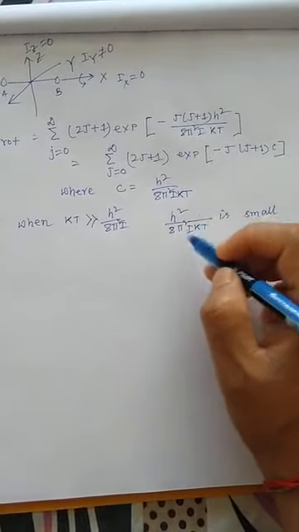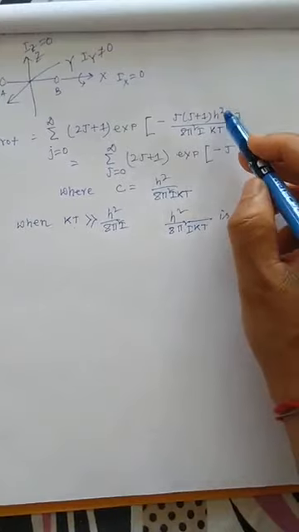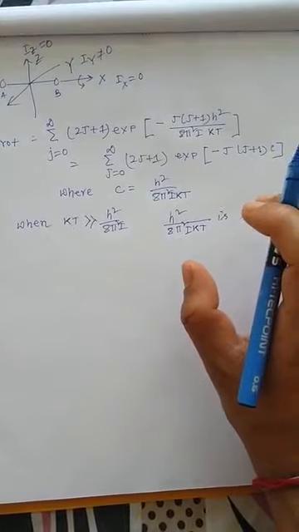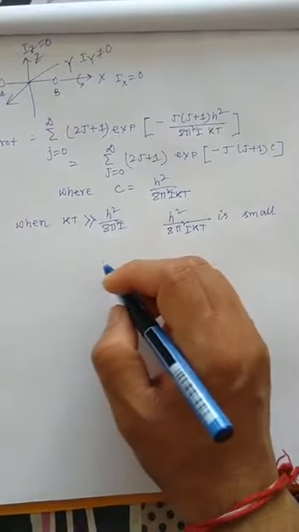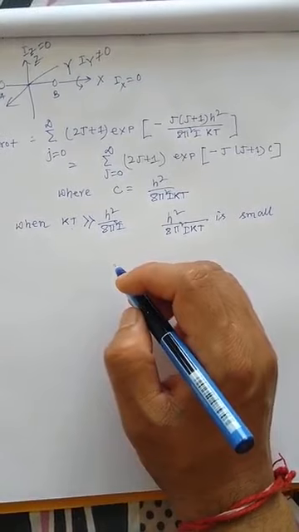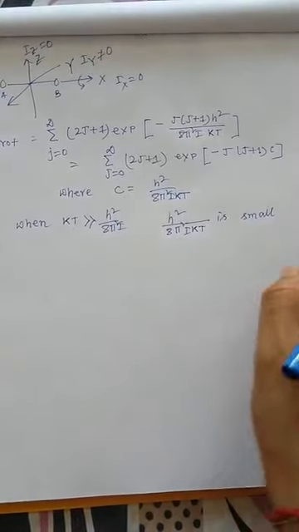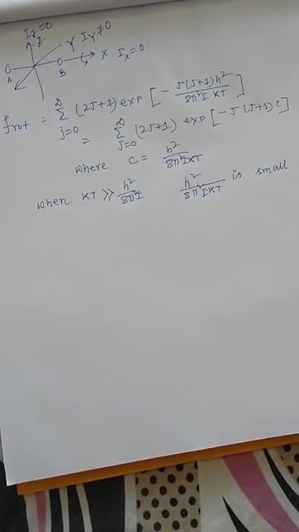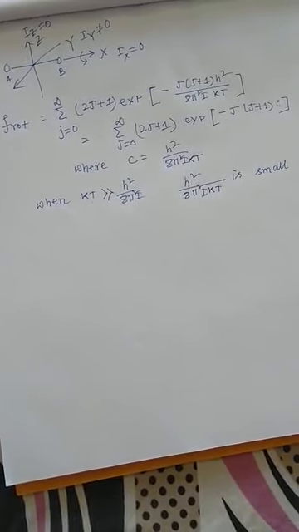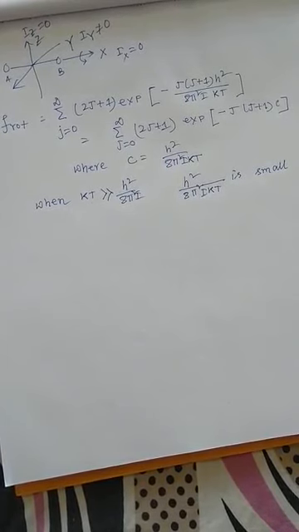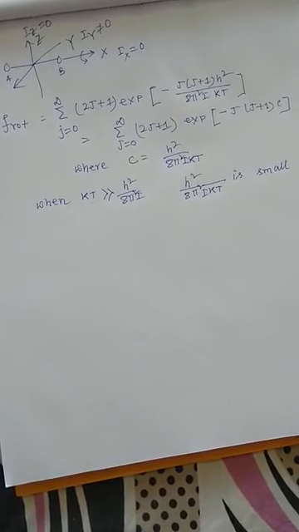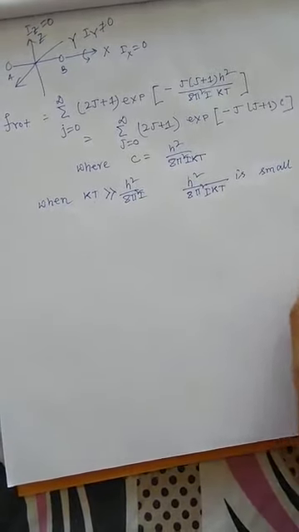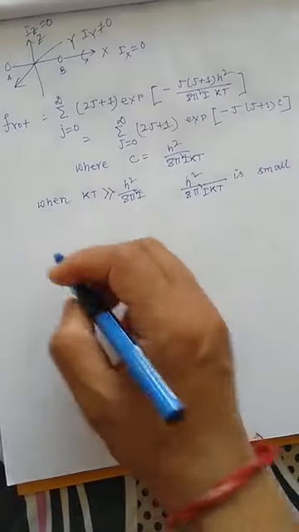That means it is experimentally found that the overall term, h square by 8 pi square I kT, is sufficiently small so that the successive rotational energy levels are much closer to one another. So it is possible to replace the summation sign by the integration sign, because when the successive values are very close to one another and there is continuity between them, we can replace the summation by integration.